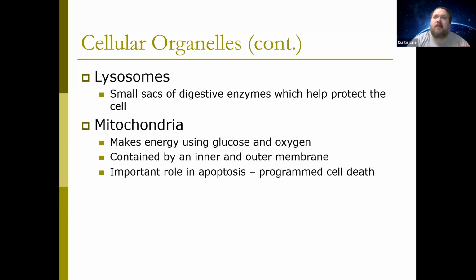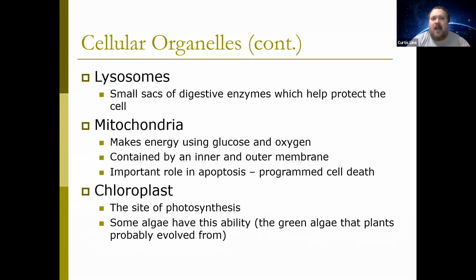Apoptosis is a very important thing that is being studied, especially in cancer cells, because if we can trick cancer cells into killing themselves, that would be great. That's a big area of research right now, trying to get cancer cells to basically self-destruct.